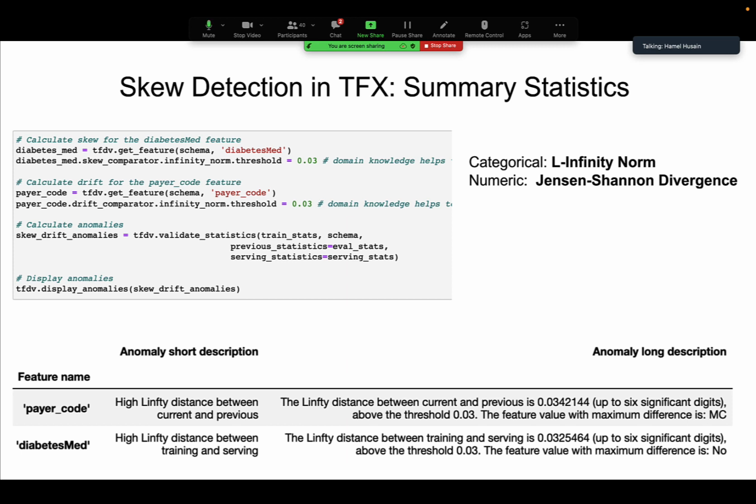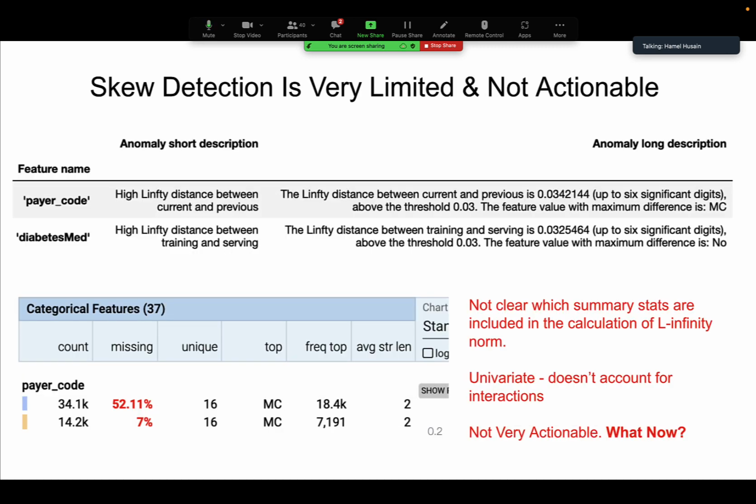So TFX comes bundled with some APIs for helping you detect skew. Categorical skew is measured with the L infinity norm, and numeric skew with the Jensen-Shannon divergence. The details of that don't matter. What I want to really highlight is that it's not really clear in the documentation how these are calculated and what summary statistics are included in the L infinity norm, for example.